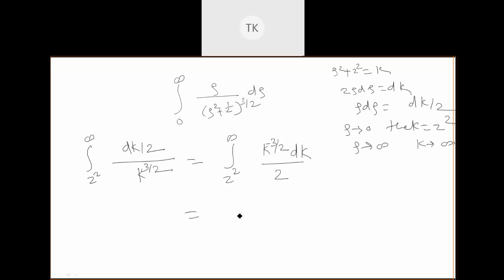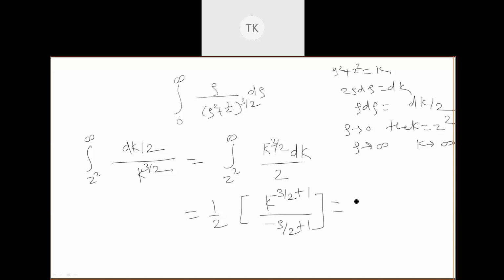So what will be the integration? It will be equal to half into k raised to minus 3 by 2 plus 1, divided by minus 3 by 2 plus 1.